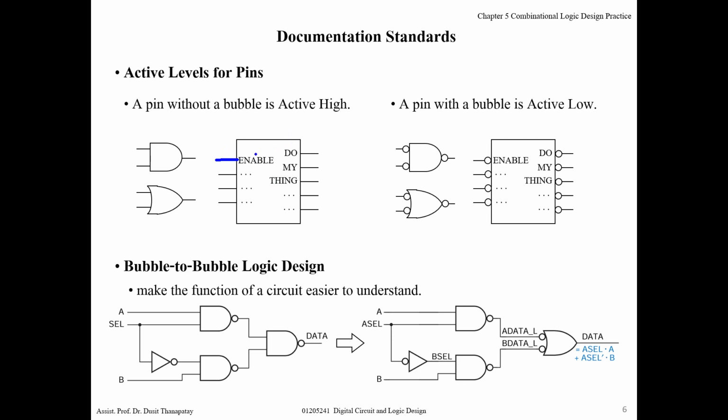For this one, the circuit will be active just when logic 1 is applied to this enable input. So this one is active high. But for this circuit, which has this inversion bubble, that means it is active low. So if you want the circuit to operate normally, you must apply 0 here.